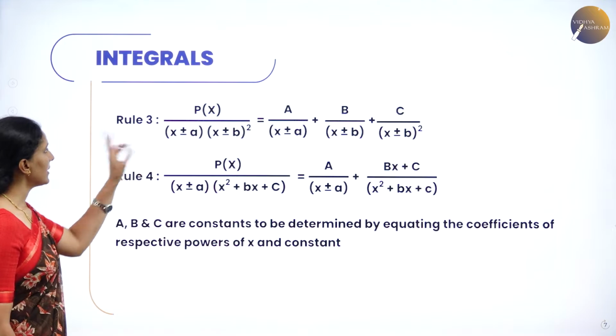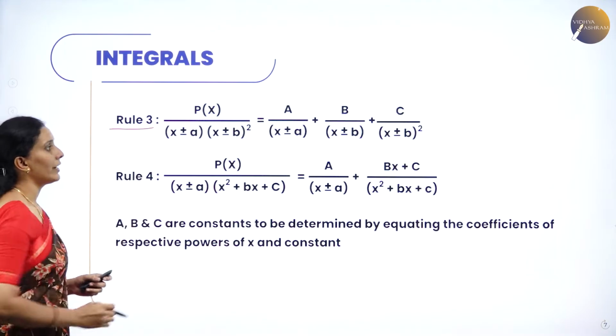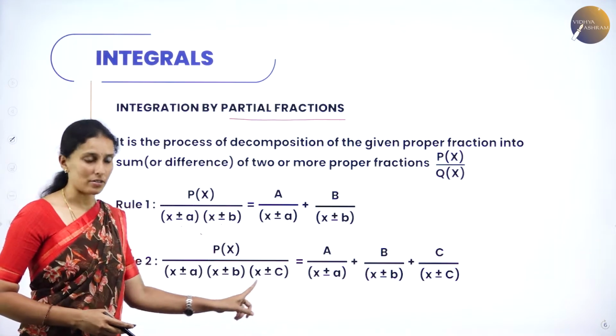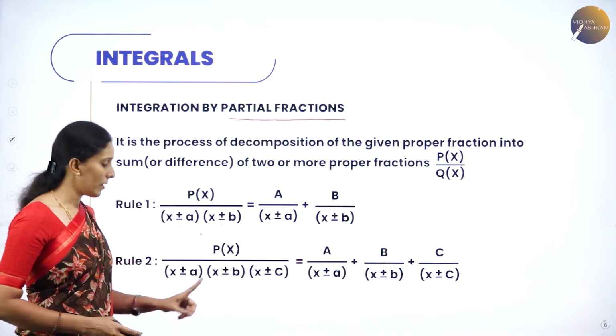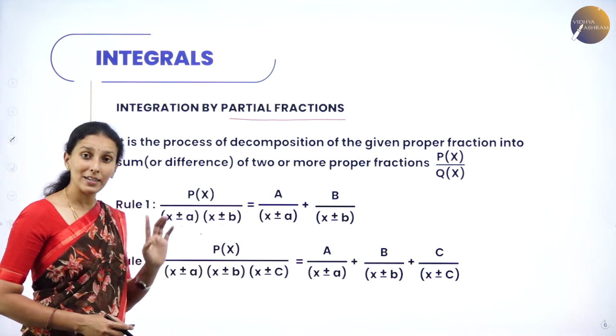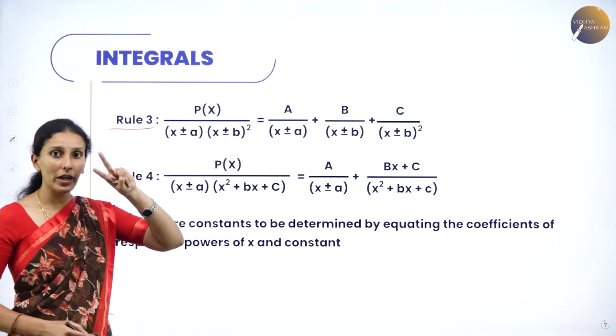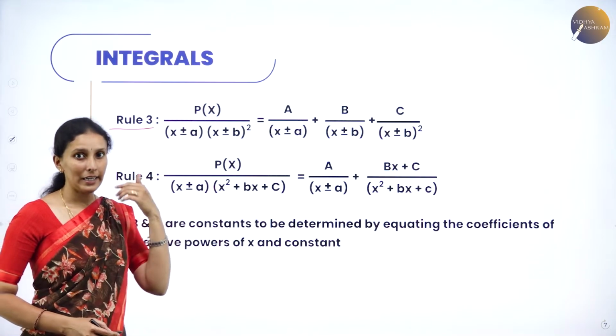Next one, see here the rule 3 is very important again. Previously, you didn't have any repeated factors. X plus a is one time, x plus b is also one time, x plus c is also one time. But here in rule 4, you have x plus b two times. So you have a repeated linear factor.